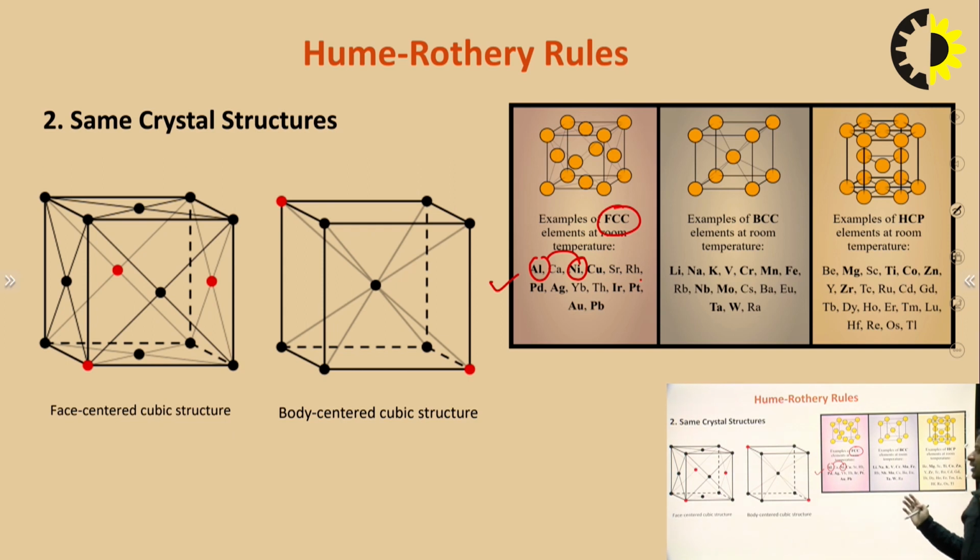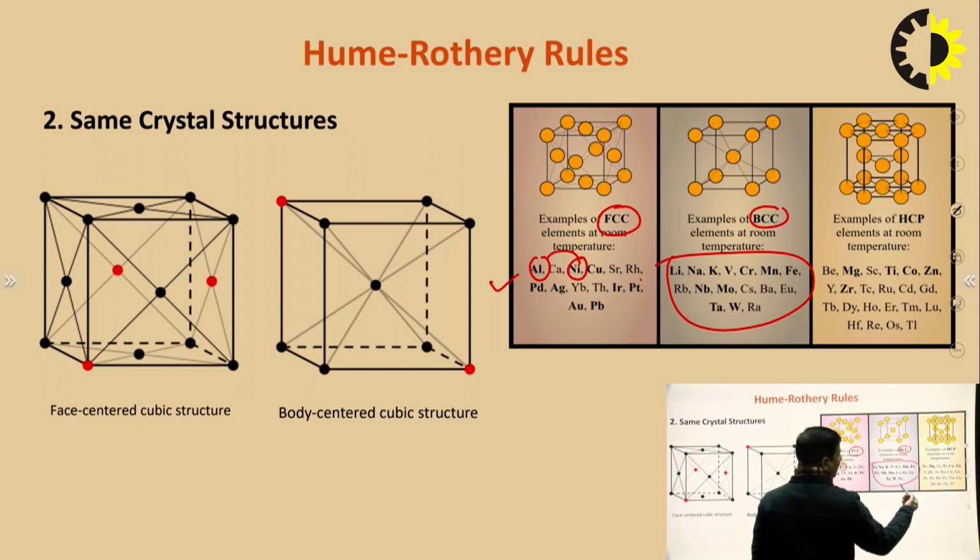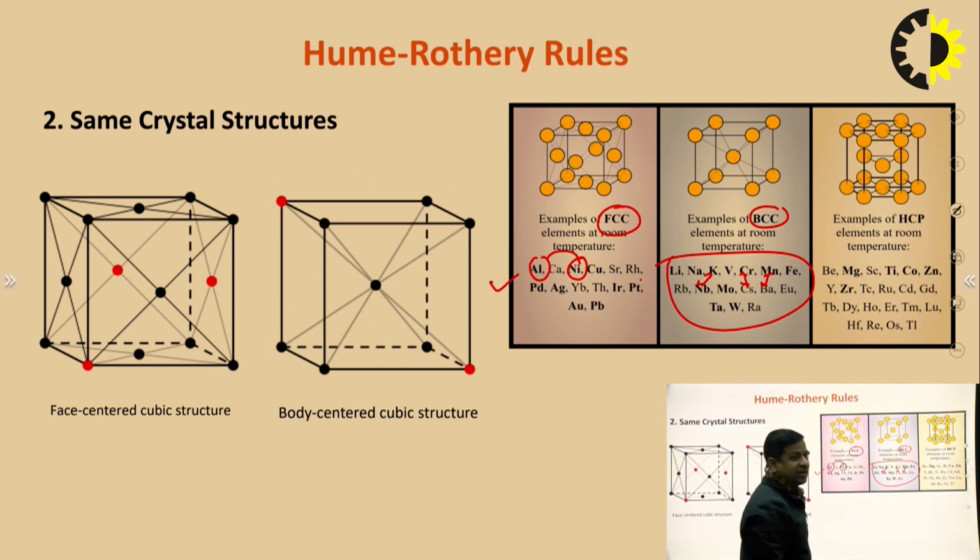So FCC can easily mix with other FCC elements. If we are focusing on this family, all elements can be easily mixed with each other. Here you can see a lot of elements are given, so you can easily mix any element with any other element, because all have this BCC structure.